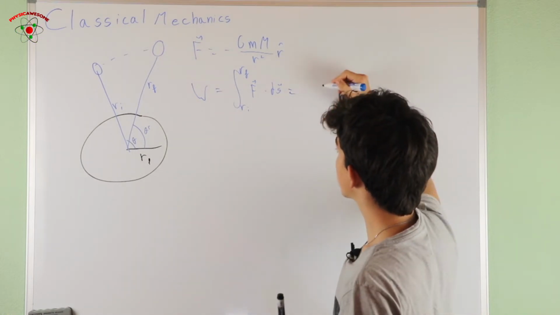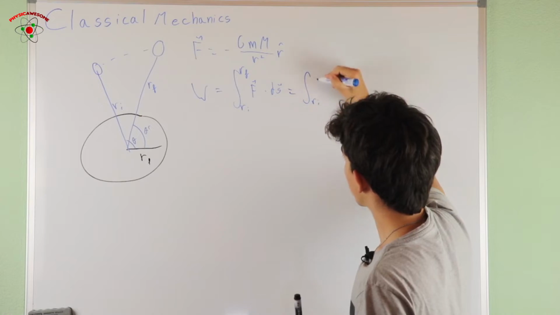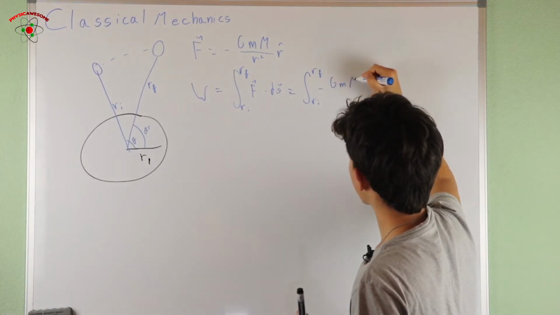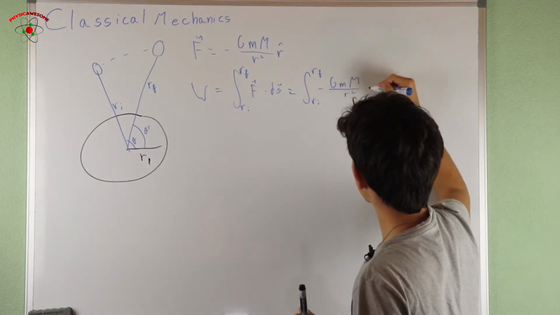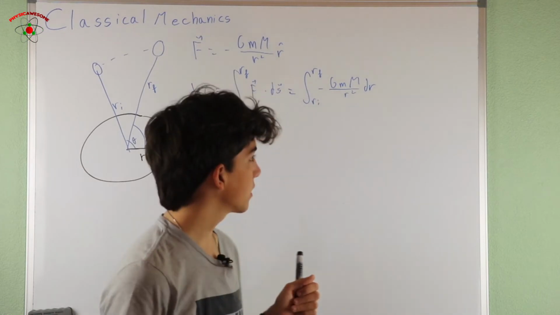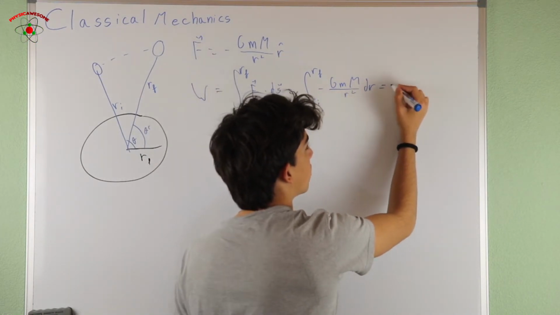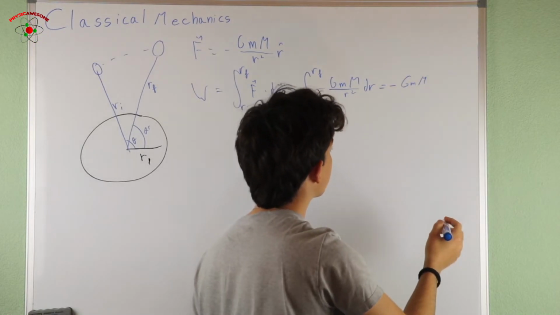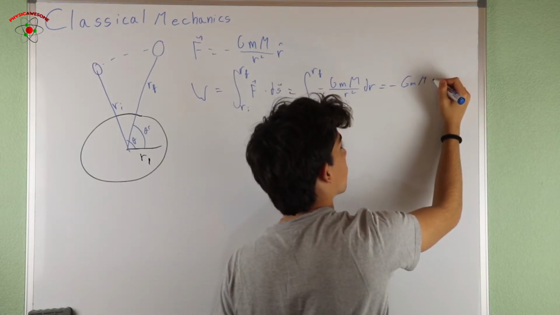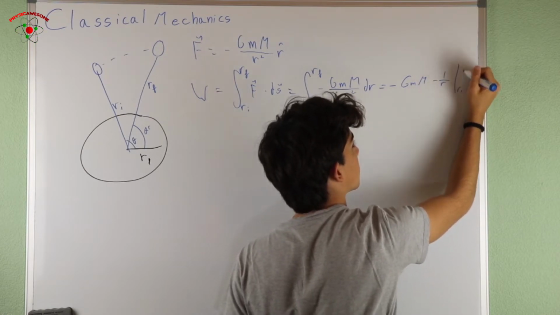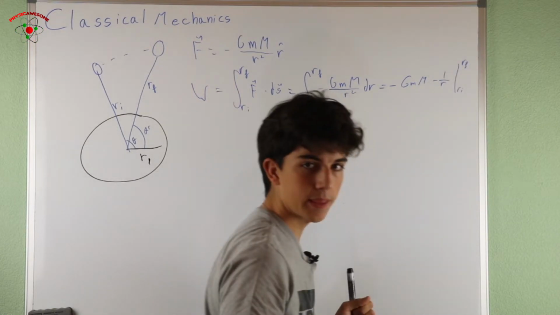So it's going to be the integral from r initial to r final of minus GMm over r squared dr. Now, solving that integral, we can take all of the constants out, and we get minus 1 over r from r initial to r final.